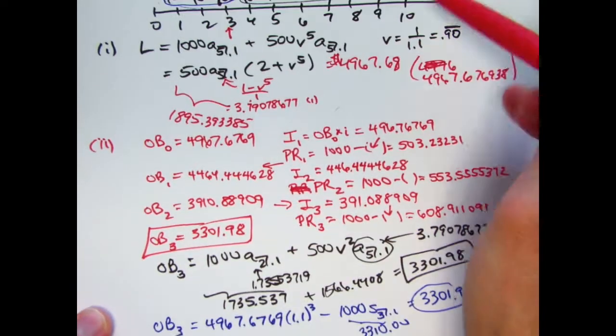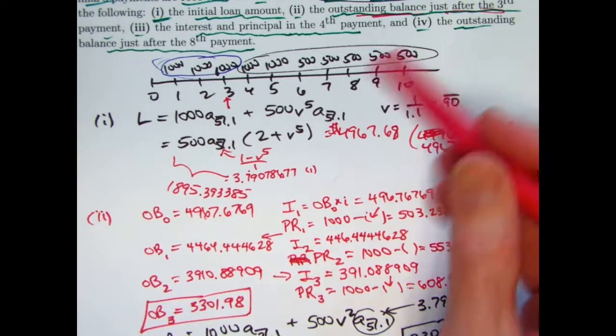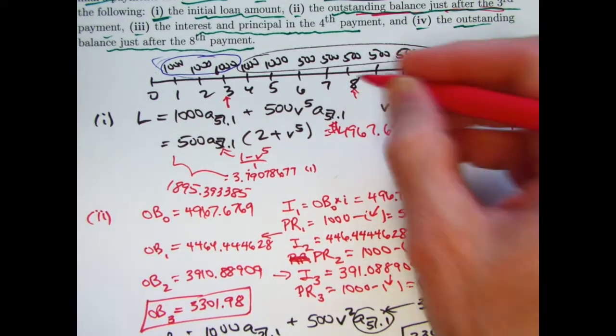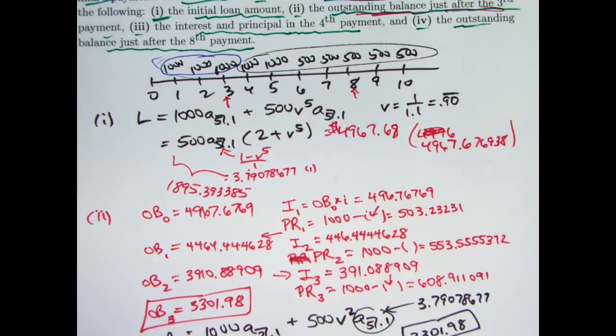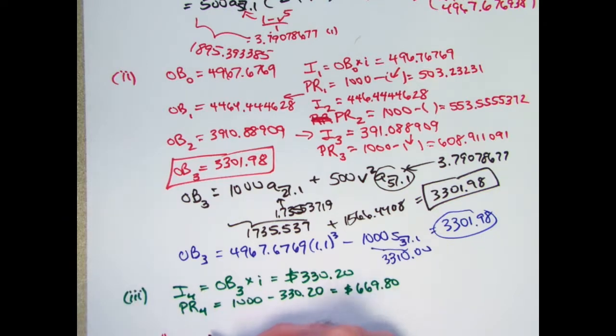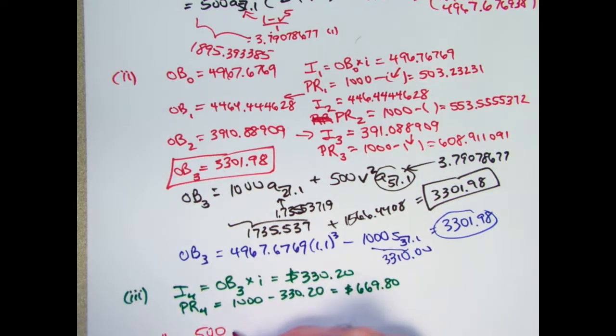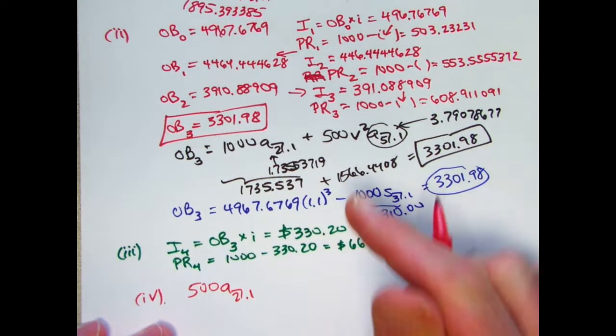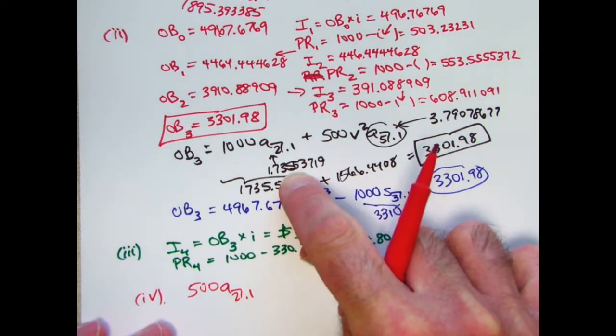Finally, the outstanding balance after the fourth, just after the eighth payment right there, after that payment of 500, is probably best to do with the prospective method. It's just going to be the present value of the remaining payments, 2 payments of 500. And lo and behold, we do have the value of a_2. It was right there.